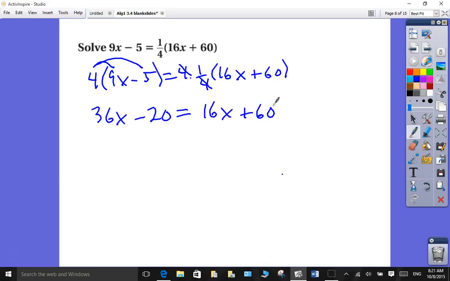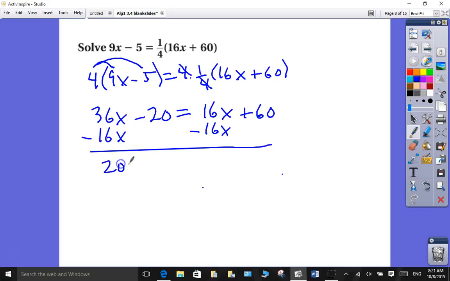Okay, now we're to the kind of like we had before, right? We've got a linear term and a constant term on both sides. We need to move the variable term, which is the bigger of the two? 36x. So let's subtract 16x to cancel it.